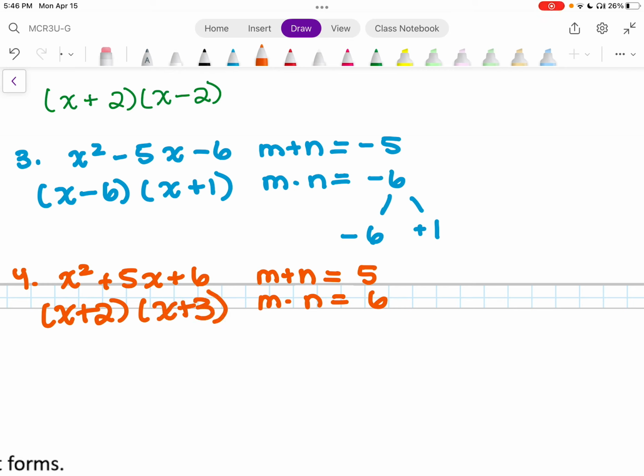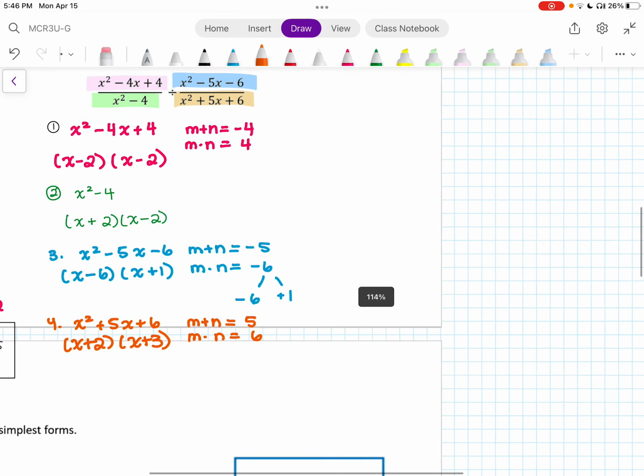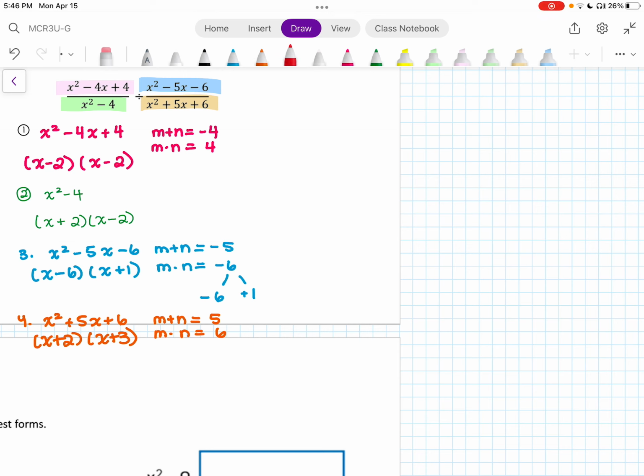Now that we have factored everything fully, I like to go back and put it back into that original format that we had. So I'm just going to put the pink at the top, so it's going to be x minus 2, x minus 2. You can also write this as x minus 2 squared.